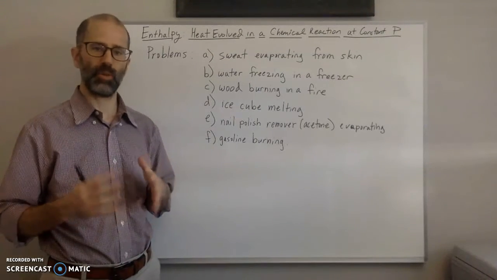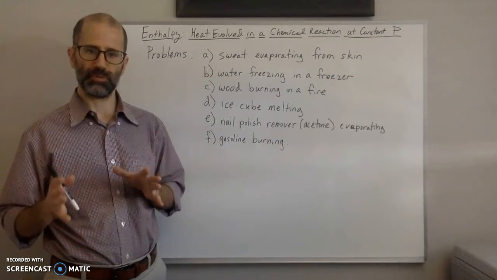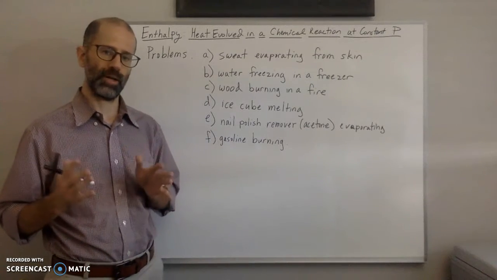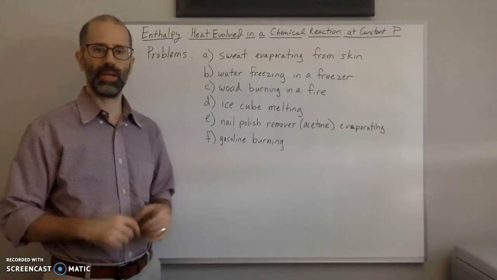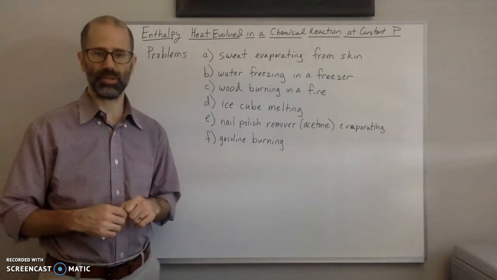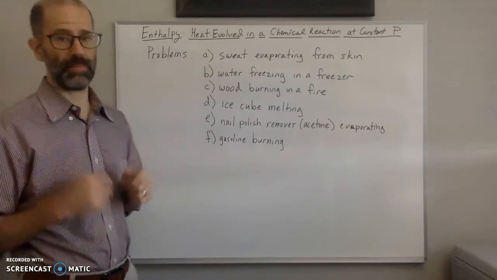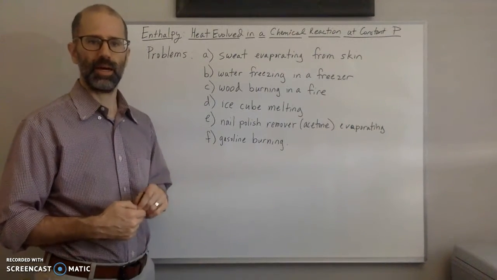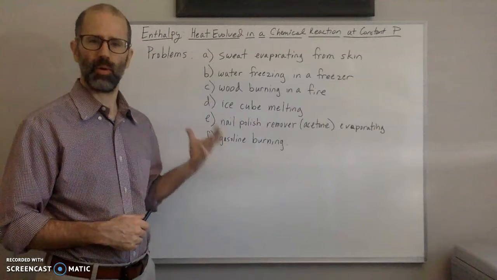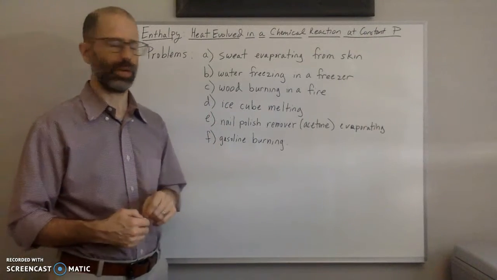Remember, exo means out of, therm is referring to heat. So exothermic is referring to heat going out of the system. Endothermic is heat going into the system. And if you keep that in mind, this will make figuring out what the process is easier when you're thinking about where the heat or energy is going.